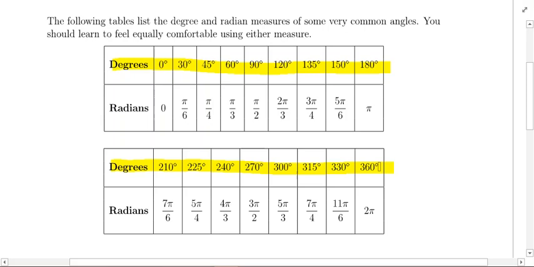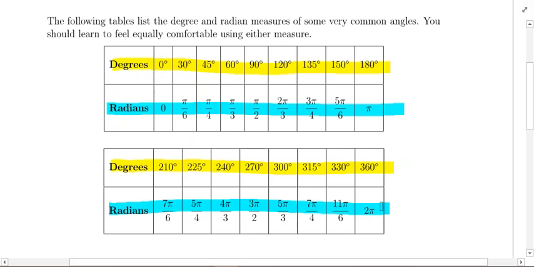In the bottom, those degree measures have been converted over to radians. These are super important. You probably want to memorize these. Why? Because these are the unit circle angles.